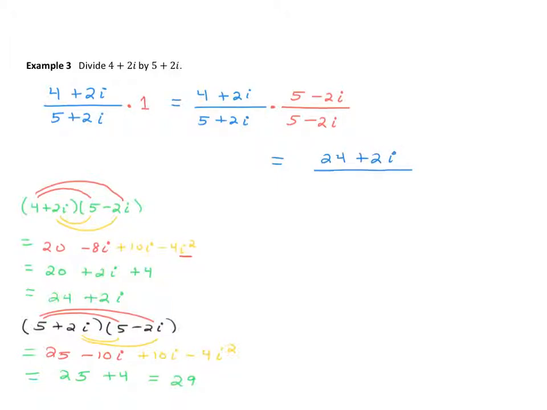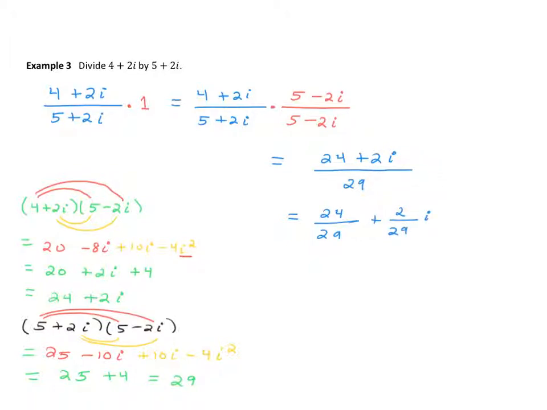And that's divided by whatever I get for the denominator, which was all of this work we did here, and the answer was 29. Since 29 is being divided into the entire numerator, it's really being divided to both terms. You can break this up into two separate fractions. That's 24 over 29 plus 2 over 29i.